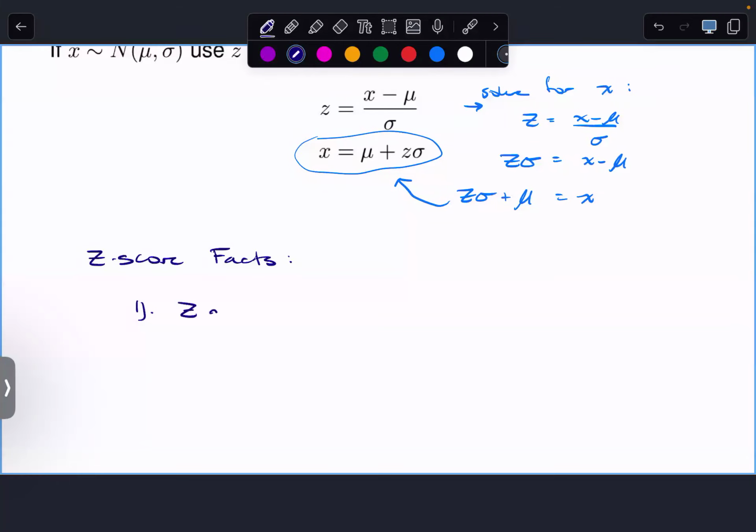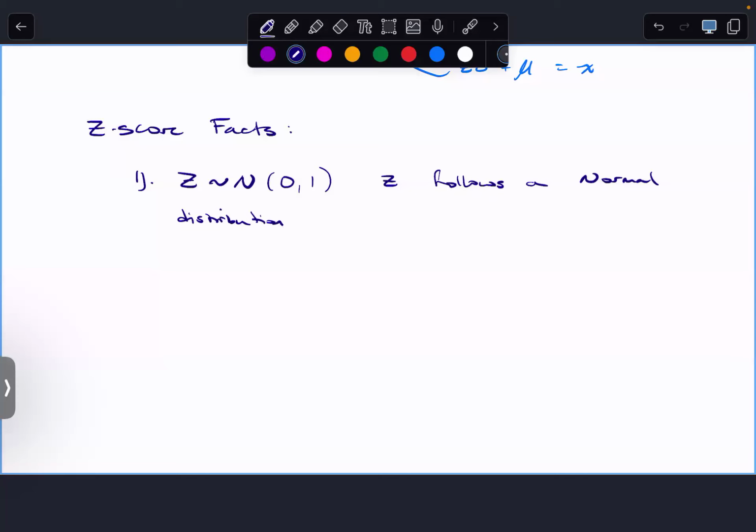First, Z follows a normal distribution. 0, 1 means what? Z follows a normal distribution, and I'll capitalize it because it's a name, but you don't have to. Follows a normal distribution with a mean of 0 and standard deviation of 1. That's a good first fact. Okay, we've got the shape, center, and spread.